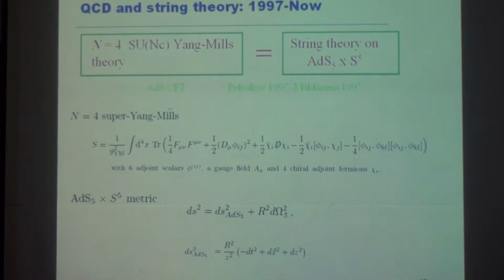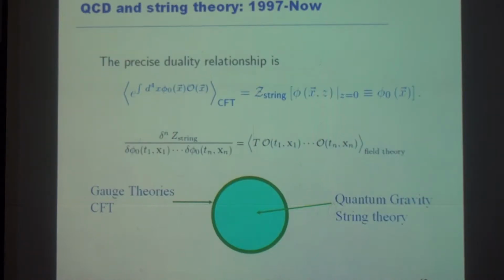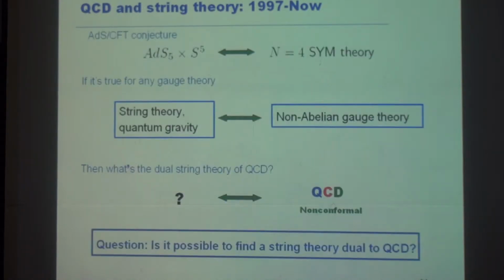This gives some hope that it's possible to find, for any gauge theory, the dual string theory, or the gravity dual. This is very exciting in some sense.